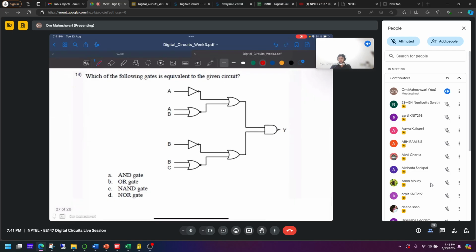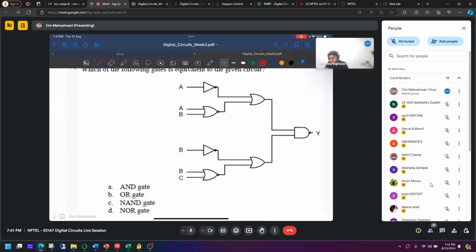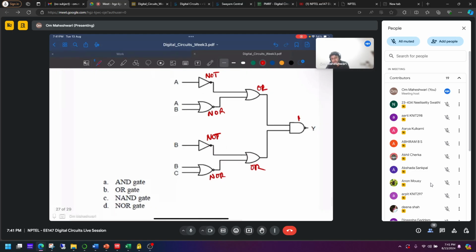Next question is which of the following gates is equivalent to the given circuit? This is NOT, this is NOR, NOT, NOR, OR, NAND. So you just have to solve this and get the final result.